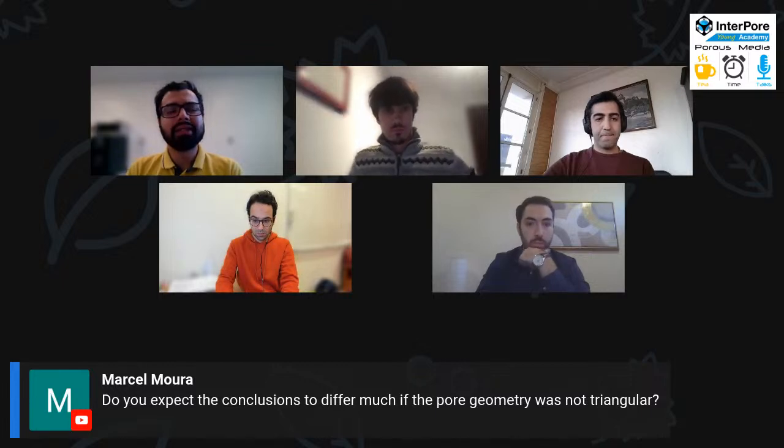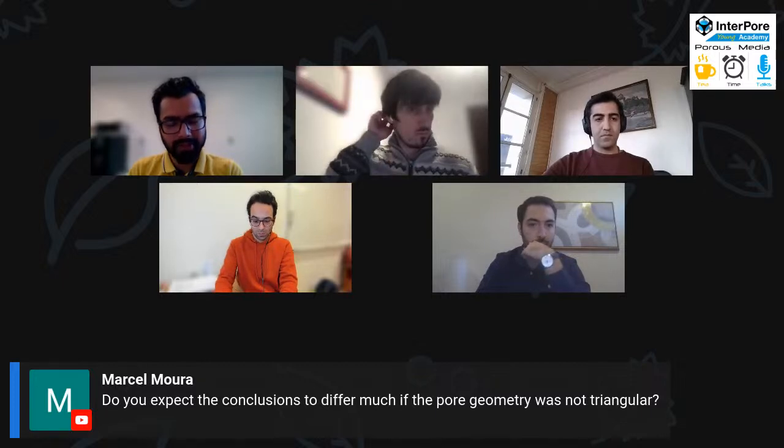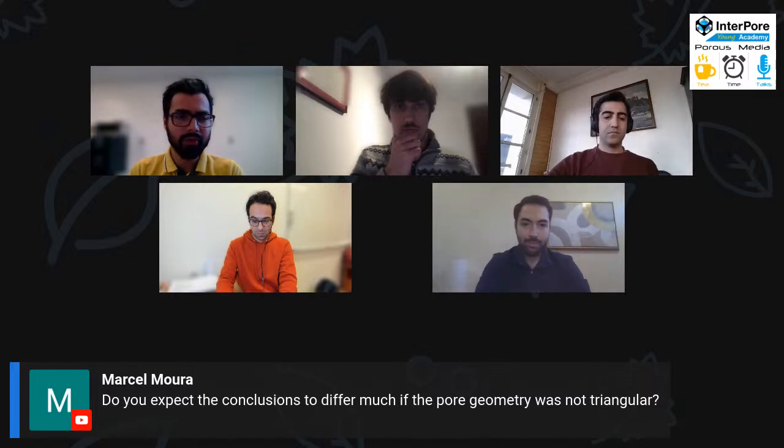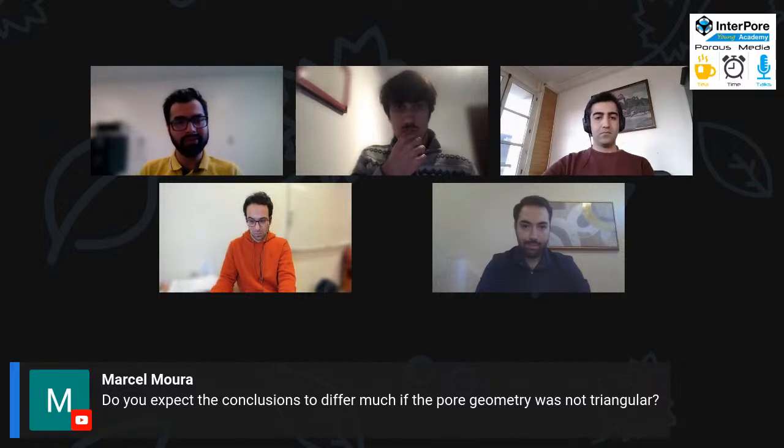So as I said, the triangular element that I showed was just an example. We have a triangular element, a spherical element, as well as a cuboidal element in our pore network model. For these particular pore elements, it will not vary because we consider the fluid to flow at the corners, so it's not static.